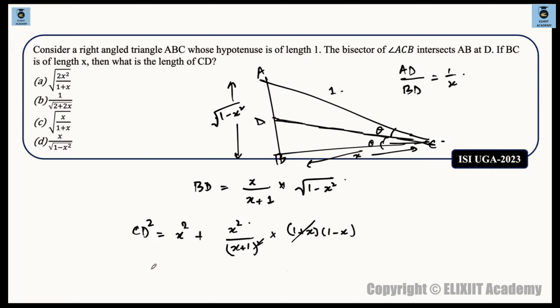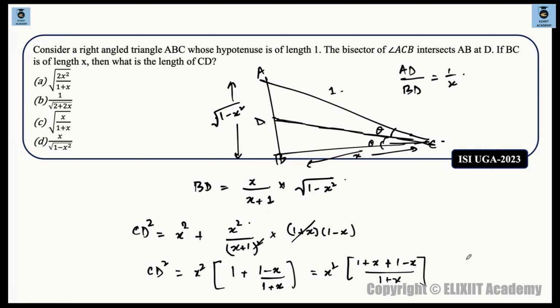Take x square common and simplify: x square into 1 plus 1 minus x divided by 1 plus x, so x square into 1 plus x plus 1 minus x divided by 1 plus x. The x and x cancel out, so we have 2 upon 1 plus x, so CD square will be 2x square upon 1 plus x. Directly they have given this thing, root over of 2x square divided by 1 plus x, option A is correct.